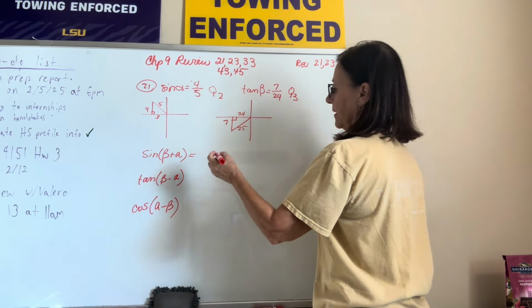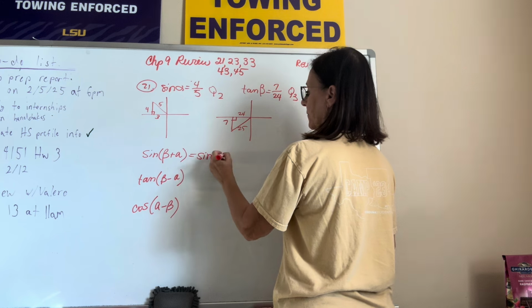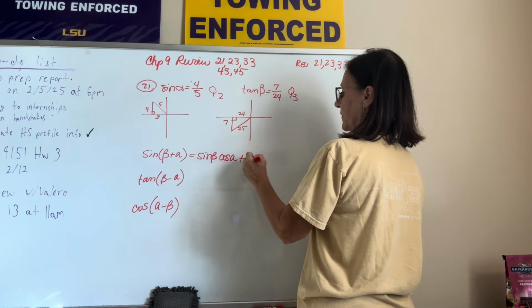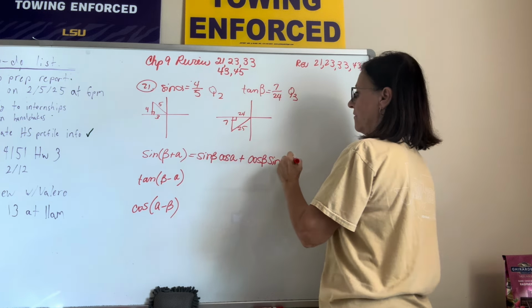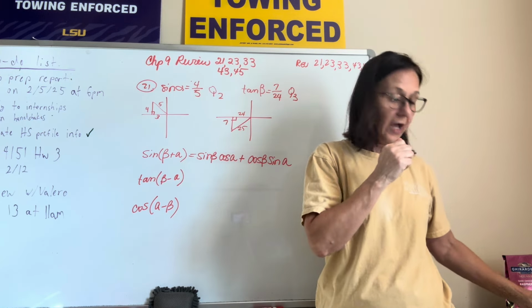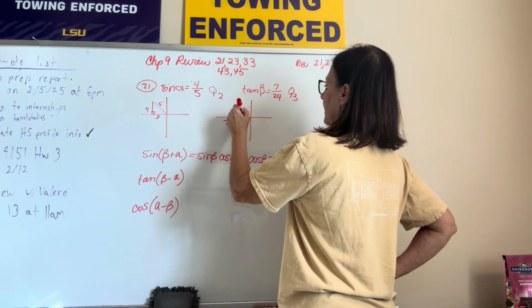And then you just substitute the numbers in. Sine beta cosine alpha plus, and then we do cosine beta sine alpha. I had to draw the triangles so that I would know. I better write this down here.